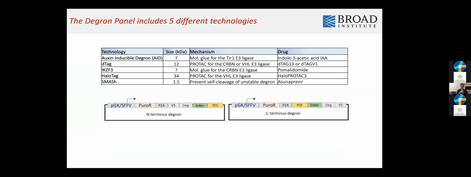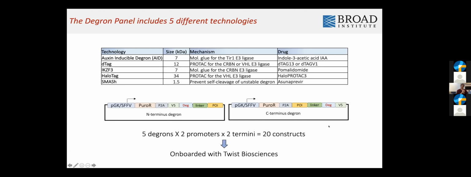This is a conversation we can have offline if you want, but suffice to say that they differ in the size of the Degron tag, the mechanism of action, and the drug, the small molecule, that they use to be regulated. We generated constructs that allow cloning each one of these technologies for any protein of interest at the N or the C terminus, under a strong or a weak promoter.